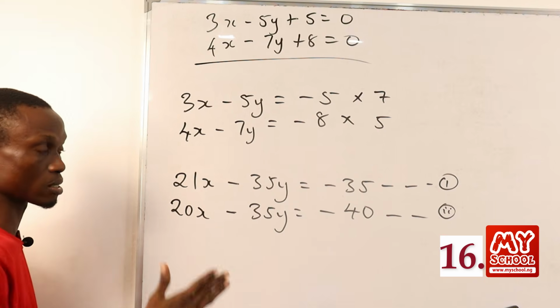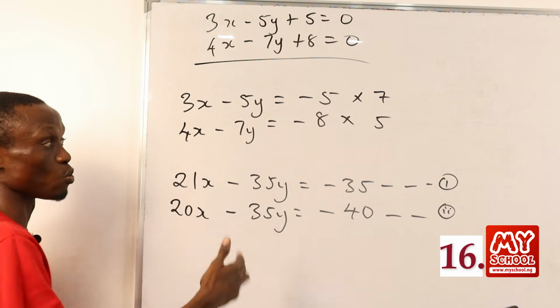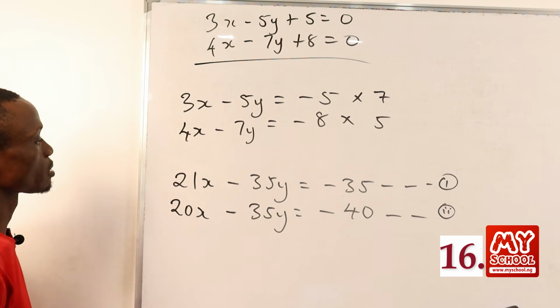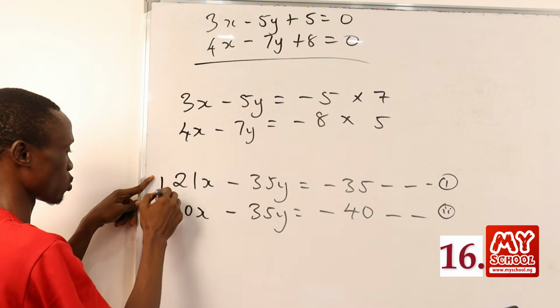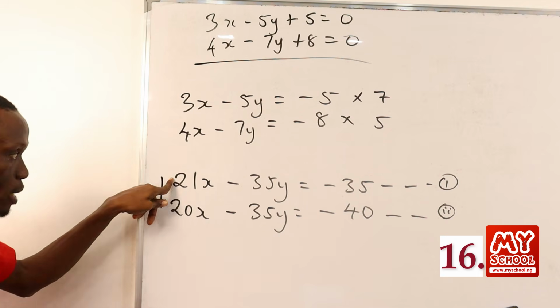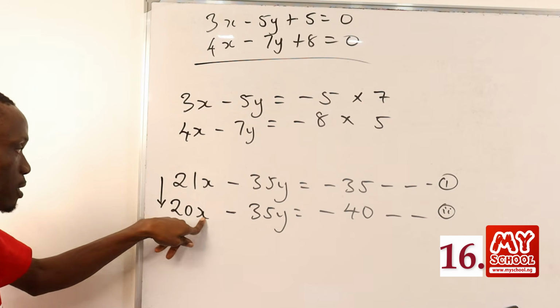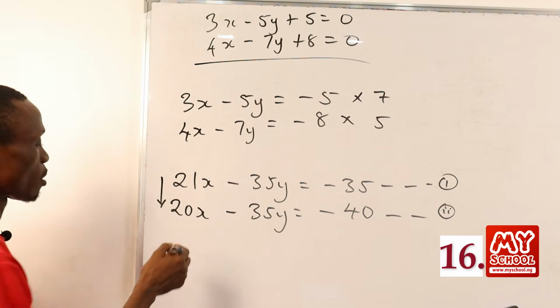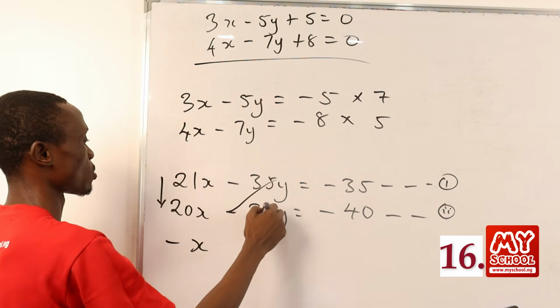Since the signs are the same, whether positive or negative, what you simply do is subtract. So here, let's say we are removing equation 1 from equation 2, okay? So here we'll be having 20x minus 21x, that will give us minus x, okay? While here, this one goes, right?